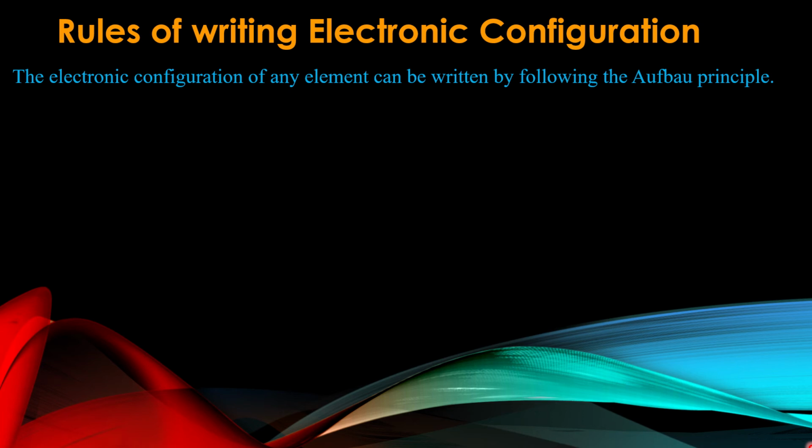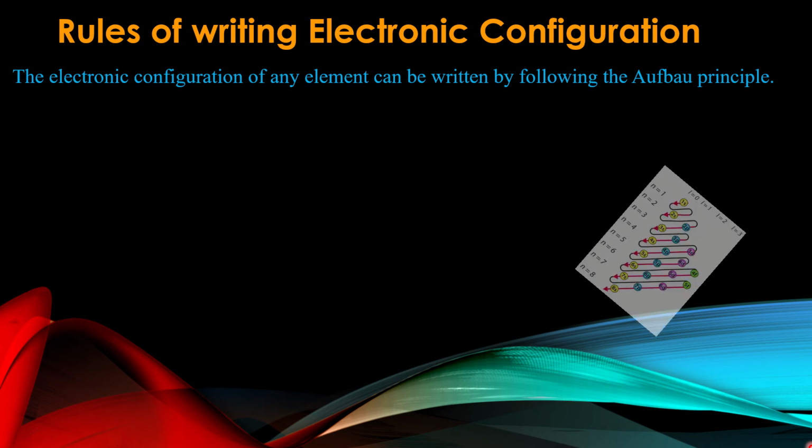Aufbau principle means that the electrons at first go to the lower energy shell, fulfill it, then go to the higher energy shell. The electronic configuration follows this rule. And for some elements, the electronic configuration deviates from this Aufbau principle.